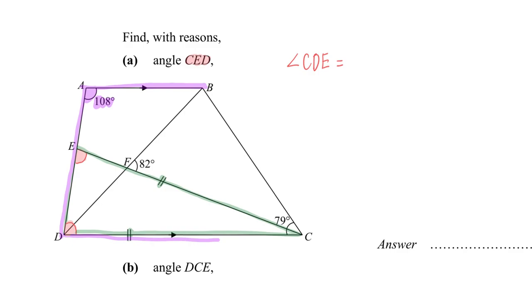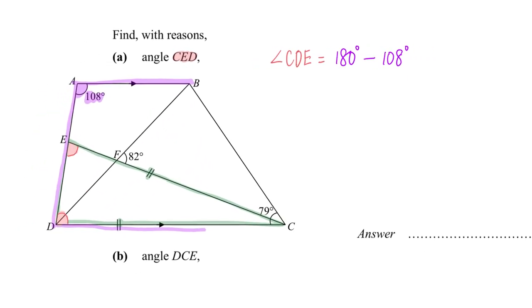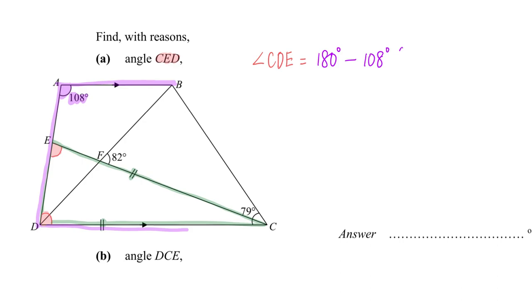which is 180 minus 108 degree. Okay, the reason is of course that they are interior angles where AB is parallel to CD. Then I will be able to get my answer 72.